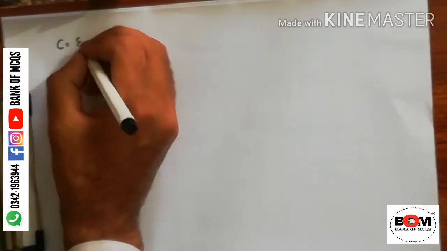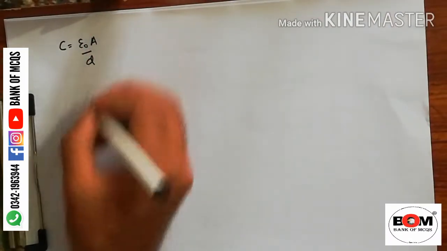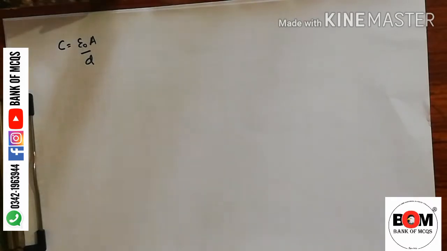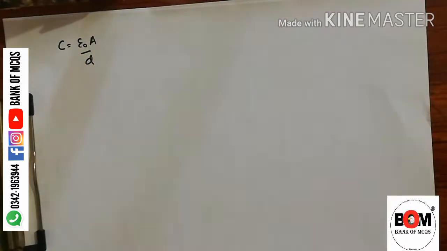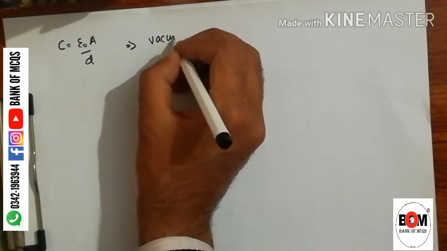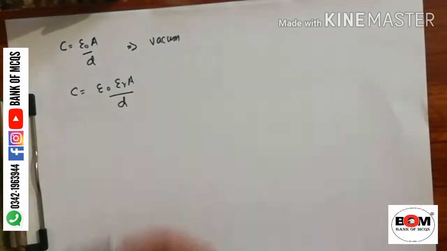The next is we get this equation C is equal to E naught A by D. Now in case of parallel plate capacitors filled with a dielectric, this is in case of vacuum. Now in case we put some dielectric substance, then the equation will become E naught ER into A by D. We will multiply by ER, that is relative permittivity.